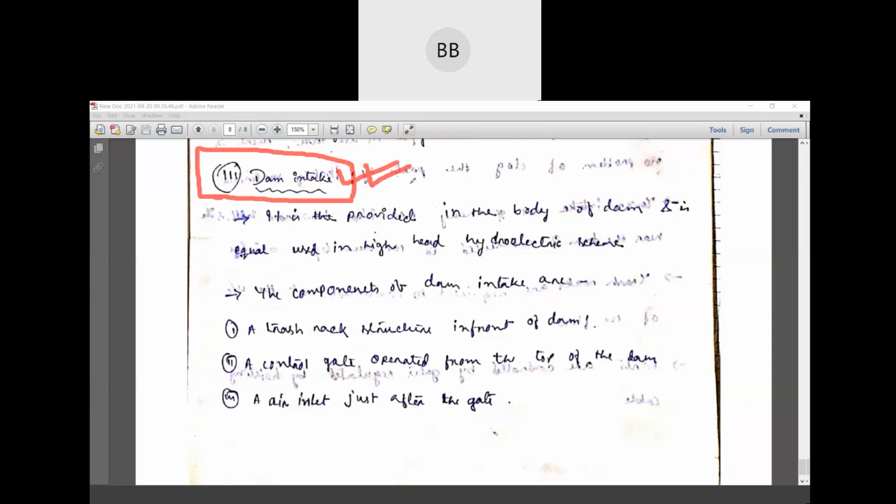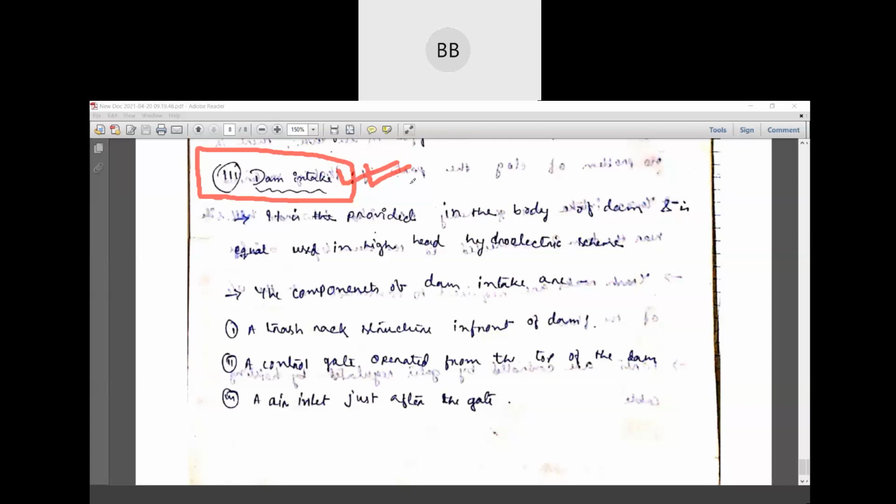The first case is our run-of-river scheme. The second case is the canal intake, which is used whenever we have a very high silt or sediment content in that particular river. Otherwise, we can also go for the run-of-river intake scheme.